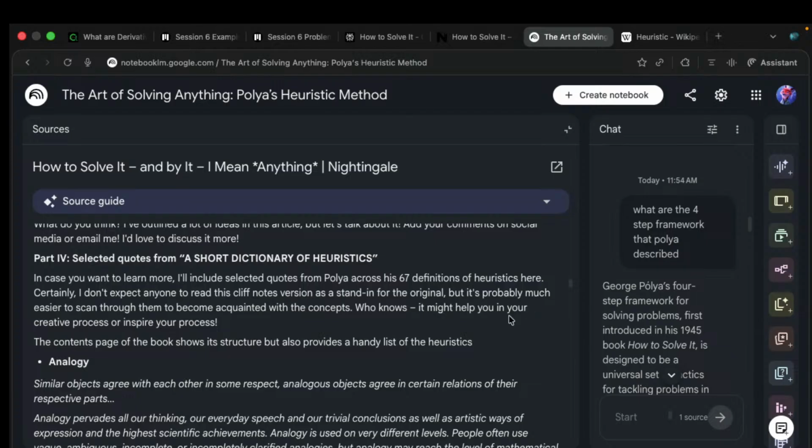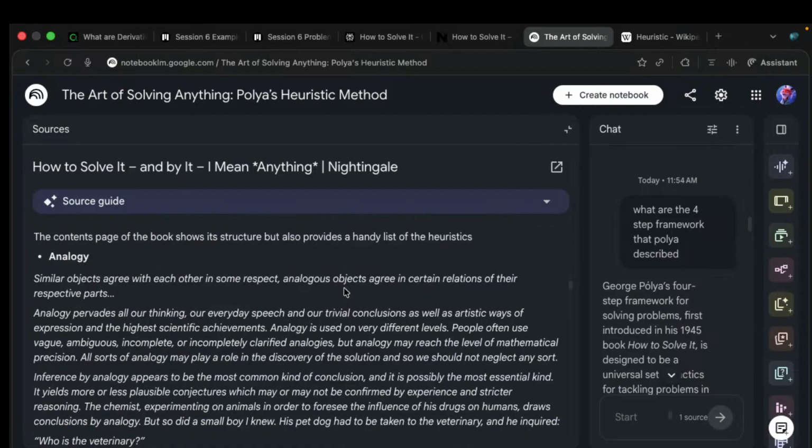It might help your creative process or inspire you. Okay, so similar objects agree with each other in some respect. Analogous objects agree in certain relations of their respective parts.